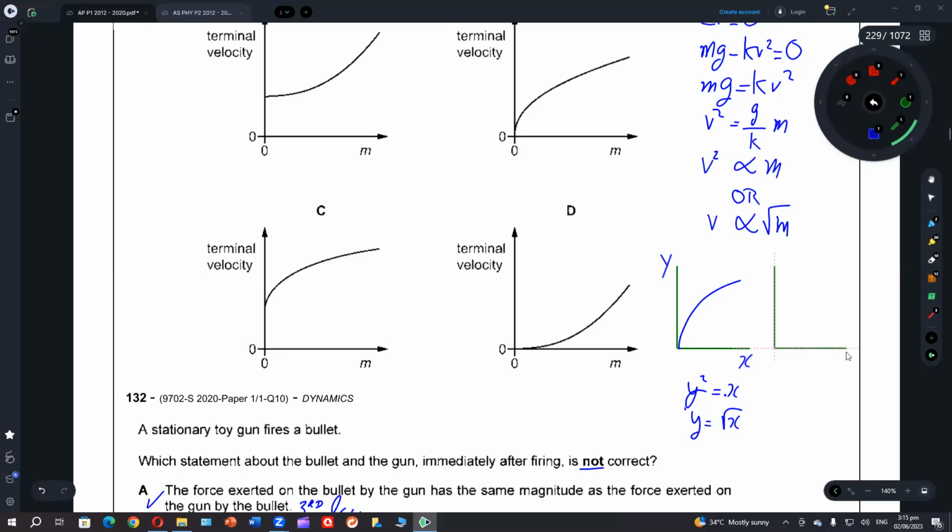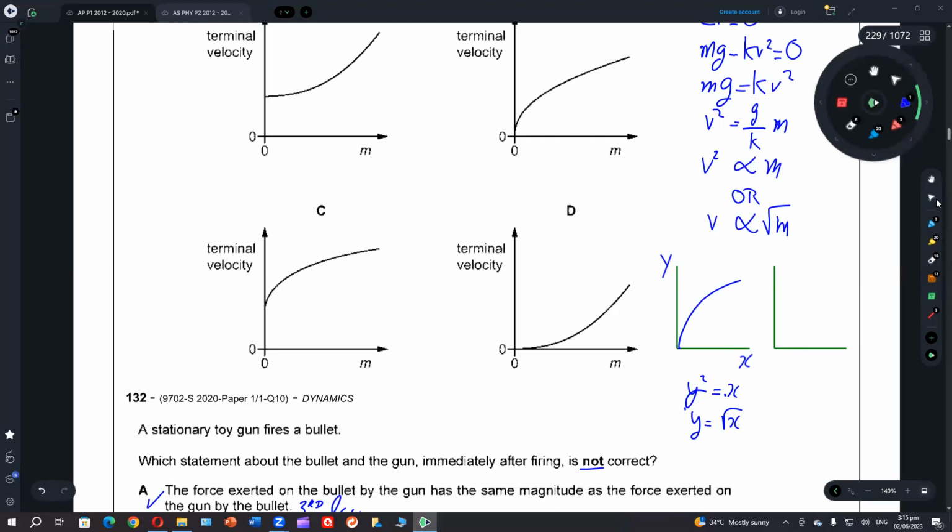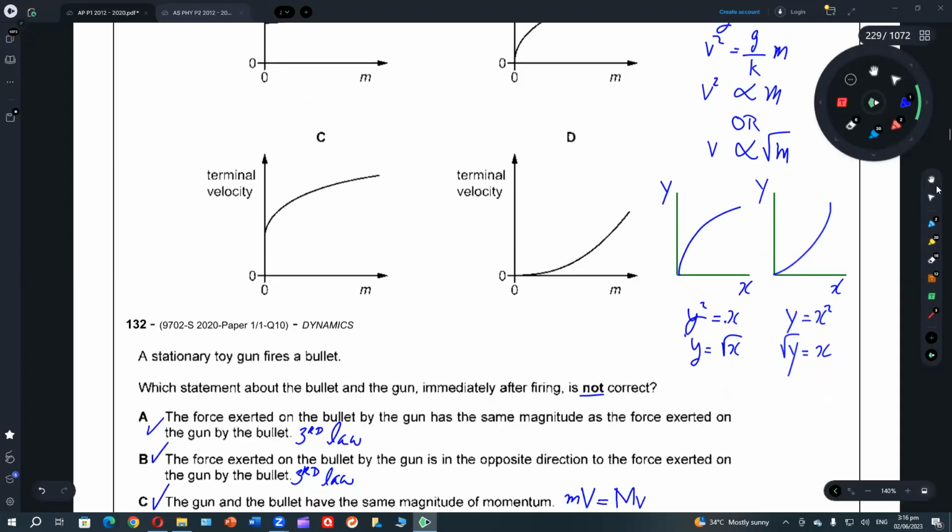Two famous math sketches. Now, these are two important graphs. You should learn them. They are good memory.